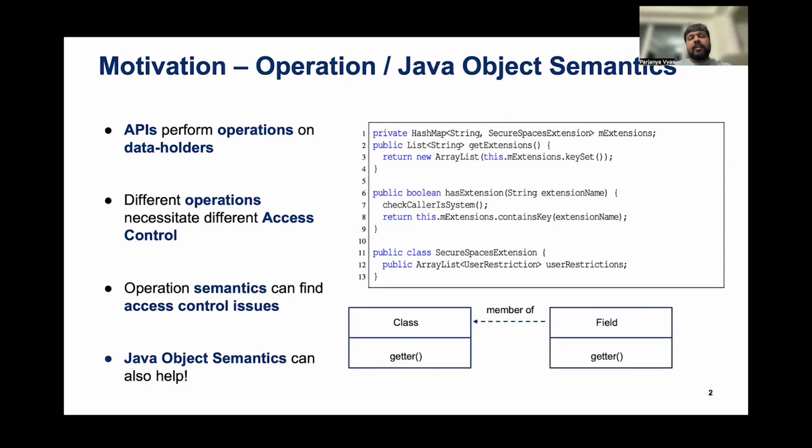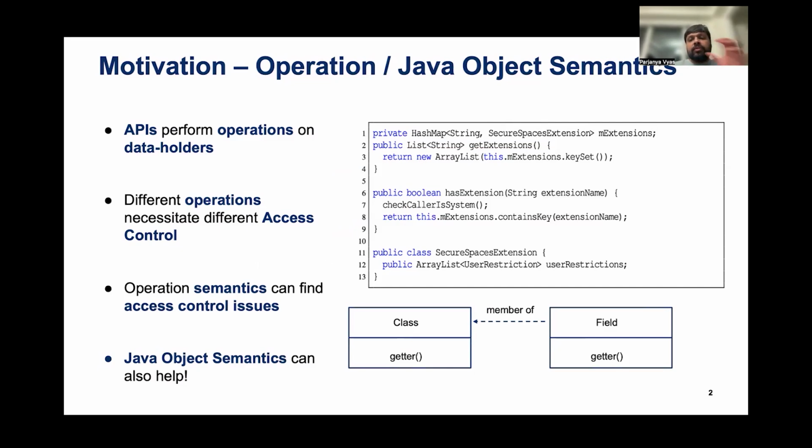Another kind of hint that we can rely on is Java object semantics. For example, you have a particular class and a field within this class. You have two different getter APIs. The first one only returns the specific field, whereas the second one returns the entire object of the class.